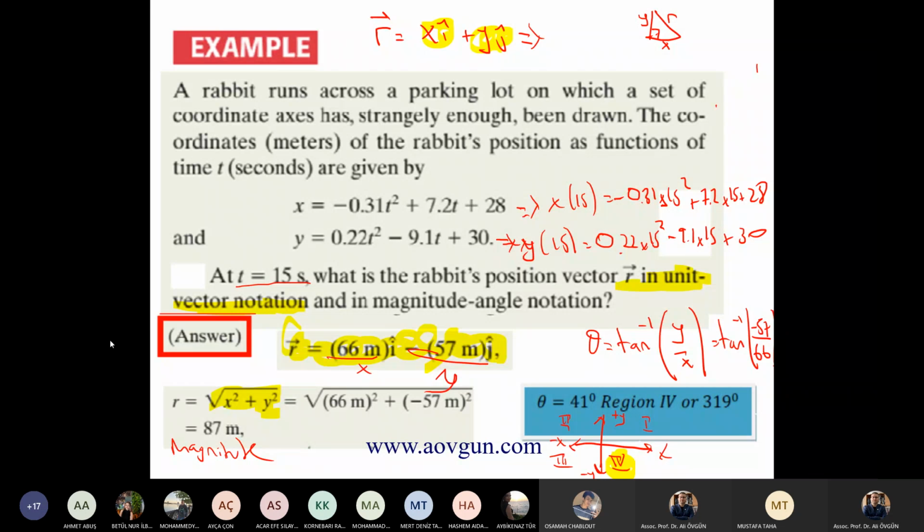So when you find some vector on the fourth region, how can you find this angle? Because which angle you need? You need to find angle from positive x to the vector. 360 minus 41 gives you this angle. So this angle will be 319.